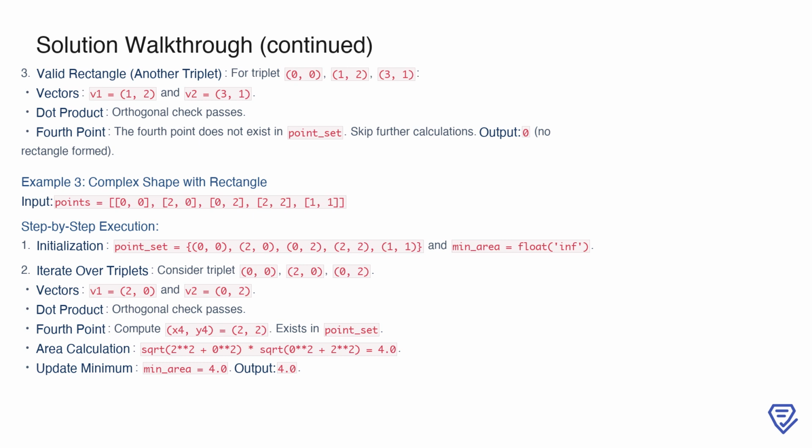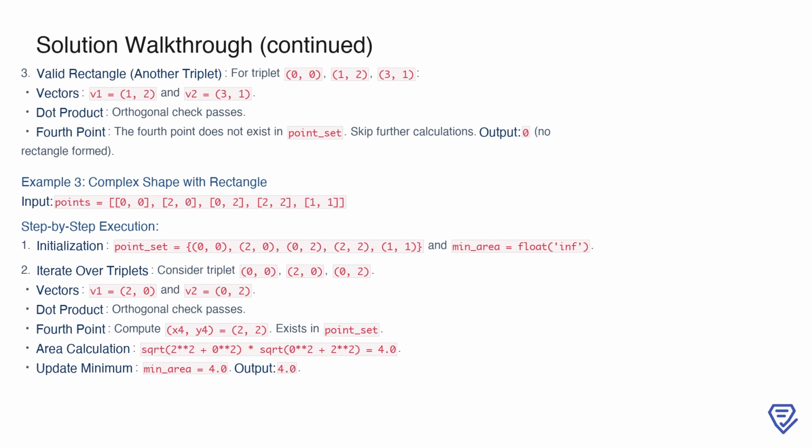Now let's analyze a more complex input where the points form a shape that includes a rectangle: (0, 0), (2, 0), (0, 2), (2, 2), (1, 1). We initialize our point_set and min_area as before and begin iterating over triplets. For the triplet (0, 0), (2, 0), and (0, 2), we calculate the vectors v1 equals (2, 0) and v2 equals (0, 2).